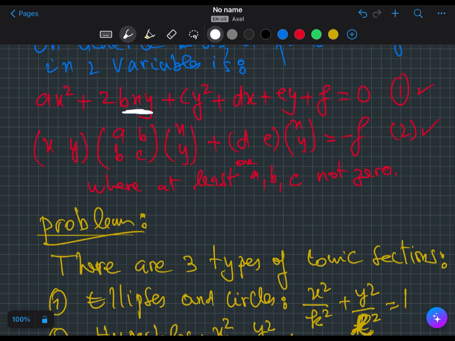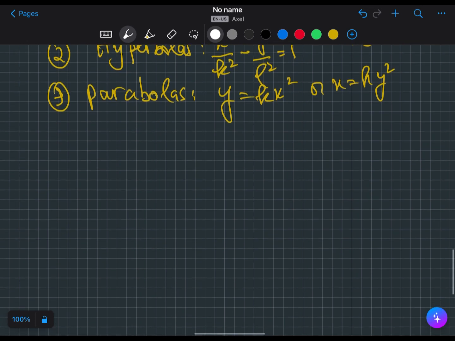I hope you understand what we're trying to say. Let me say it one more time. If this term is 0, then it becomes very easy to obtain the conic section in the plane by reducing the equation to one standard form by completing the square.